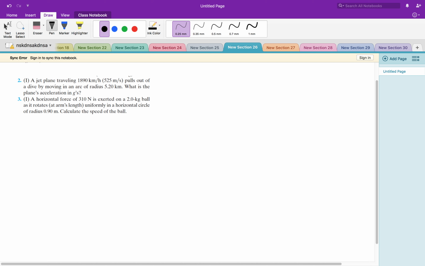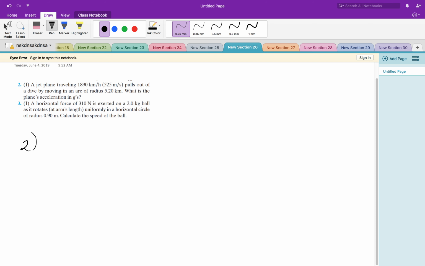So number 2, it tells you a jet plane is moving with this velocity, and it pulls out of a dive by moving in an arc with this radius. So we're executing uniform circular motion, right? So we know immediately there's going to be a centripetal force, and they want to know what is the plane's acceleration in g's, right?